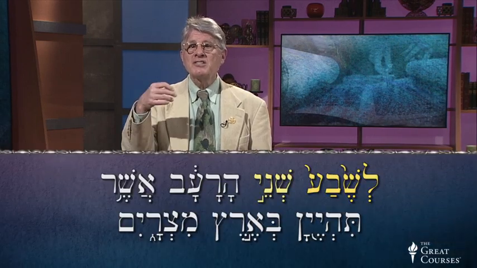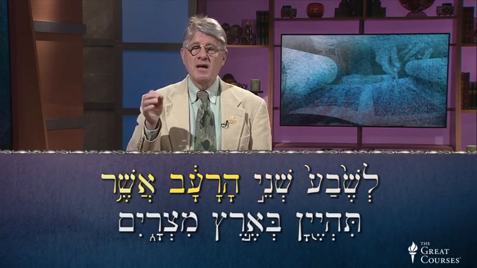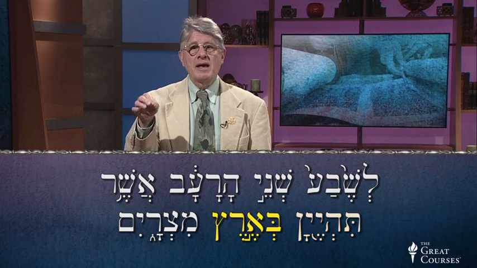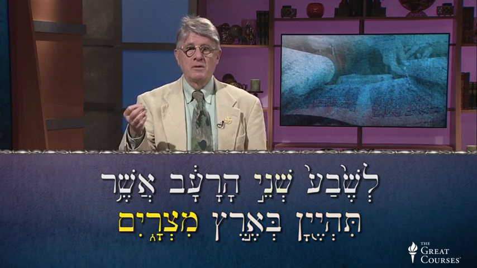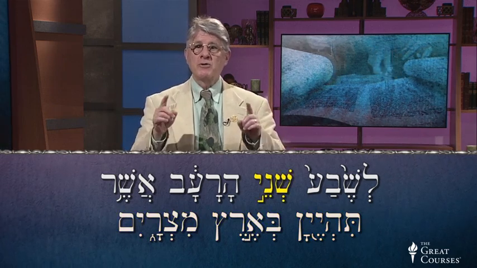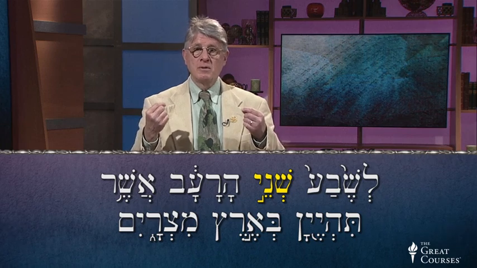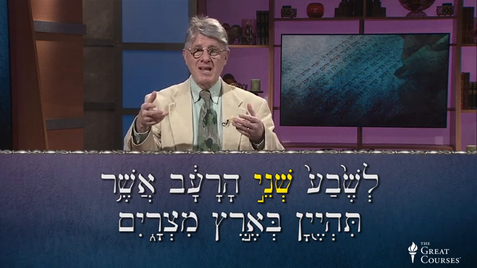And there's one more thing I'd better show you right now. Genesis 41:36, where Joseph is storing away some food, Lesheva Shnei Hara'av, Asher Tihiena Be'eretz Mitzrayim. Shana, a year, but years in the plural, shanim, so the construct is shnei.